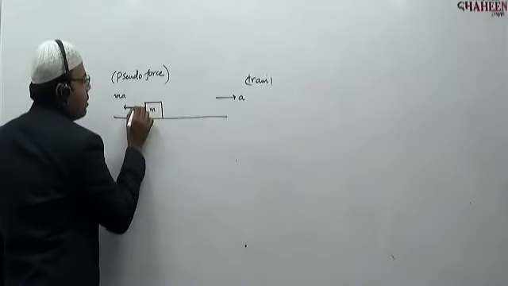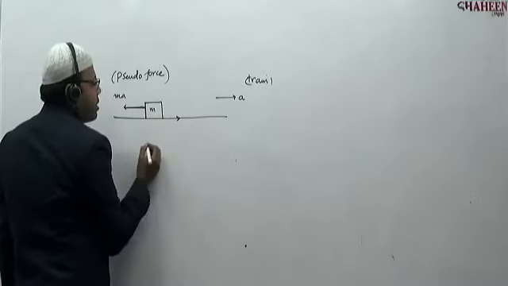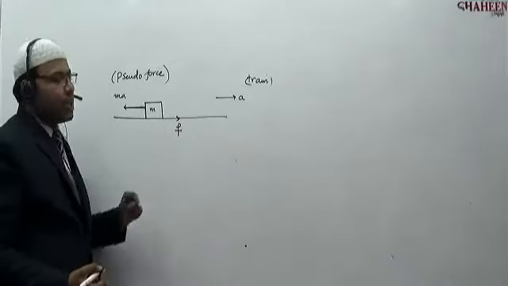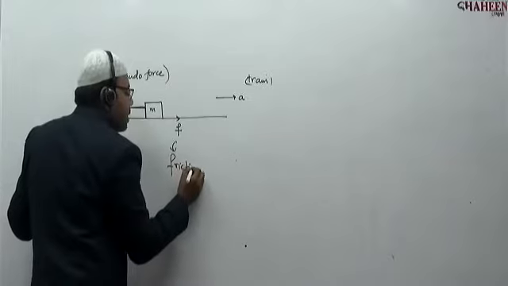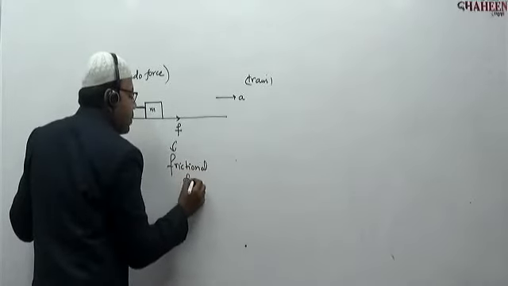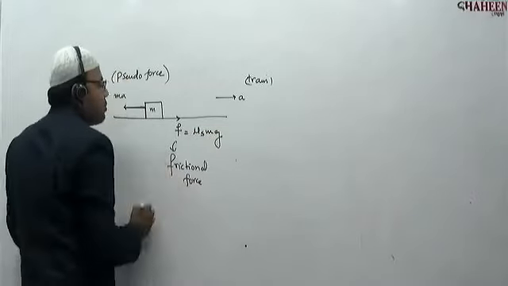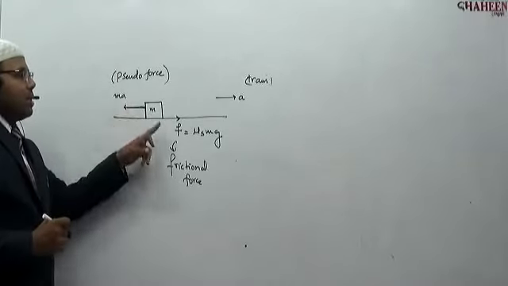Now, where is the direction of frictional force? Frictional force will be acting in this direction. And this formula for frictional force, you can see that is equal to mu s mg. So how many forces are acting on this block? Two forces are acting. One is here, another is here.